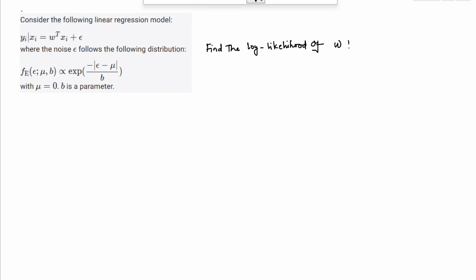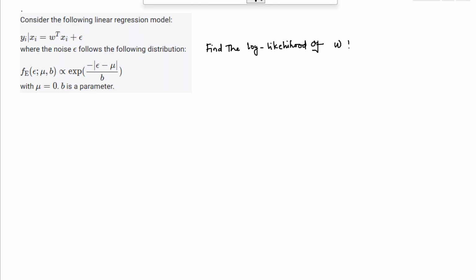Alright, so here we have a linear regression model: yi given xi equals w transpose xi plus epsilon, where the noise follows some distribution. What is this distribution? This is nothing but the Laplace distribution.